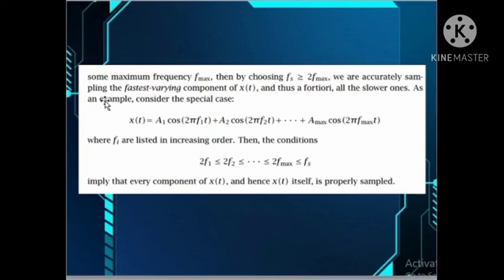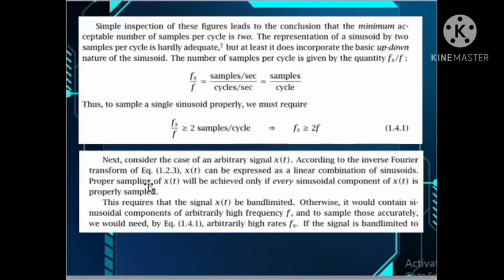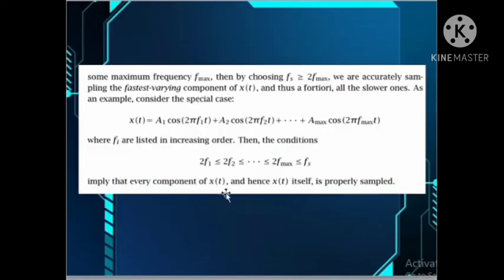So to be properly sampled, the signal should be band limited and must satisfy this condition, to avoid sinusoidal components of arbitrarily high frequency, which would not be accurate. The sinusoids should be sampled properly to have proper sampling. So that's it.